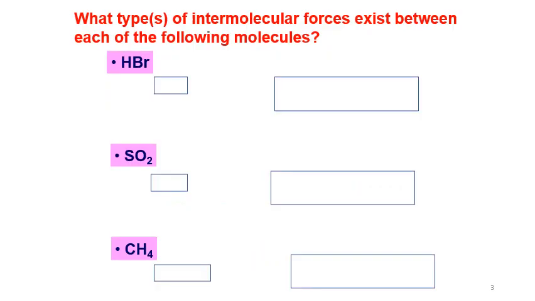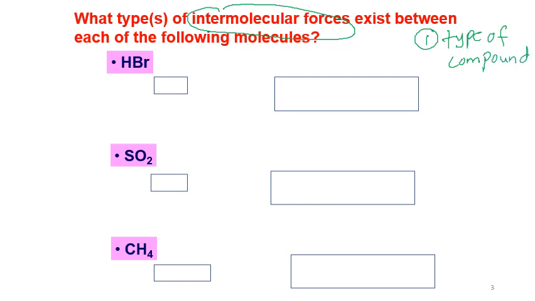Okay, so now we want to look at what types of intermolecular force exist between molecules. If we want to know the intermolecular force, again, first step, we have to identify the type of compound. As we discussed in the first video, HBr, SO2 and CH4 are all covalent compounds. After we know they are covalent compounds, the second step is to look at the polarity of the molecule.